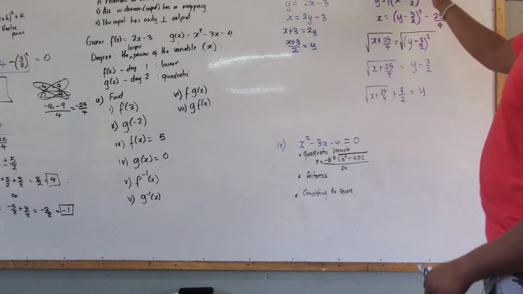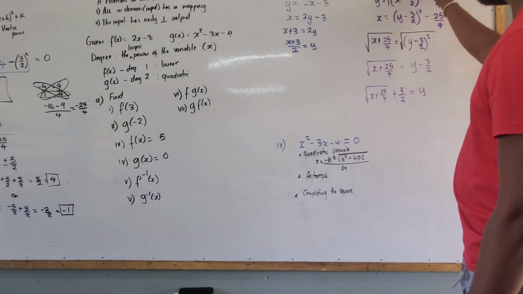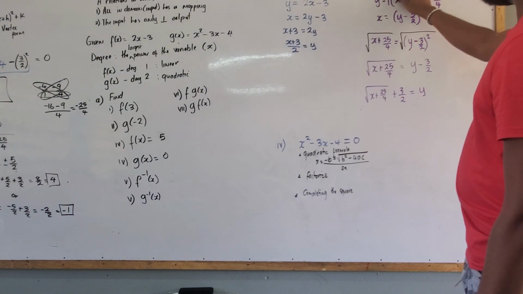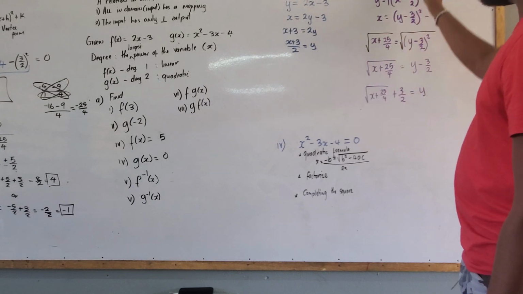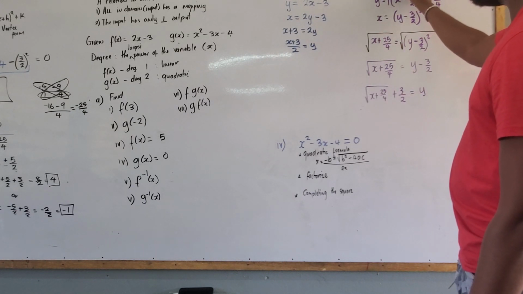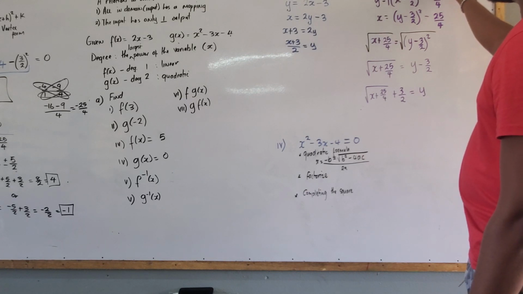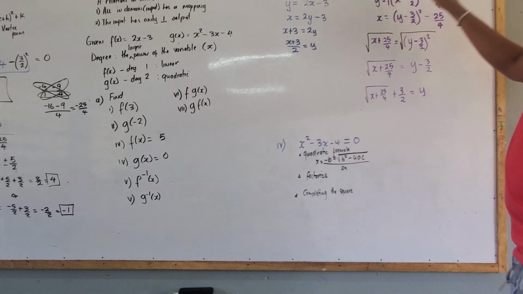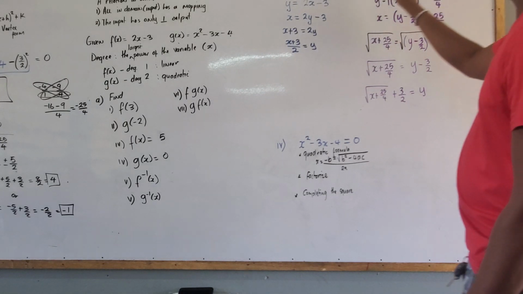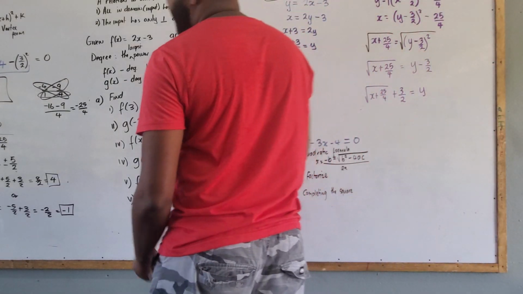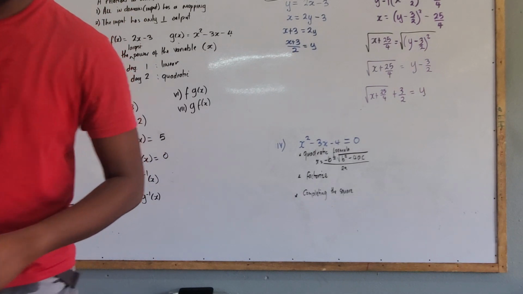Now my inverse is just this. I can put this part at the front so it doesn't look so weird. So I put 3 over 2 plus the square root of x plus 25 over 4. Everybody see that? And that's it.